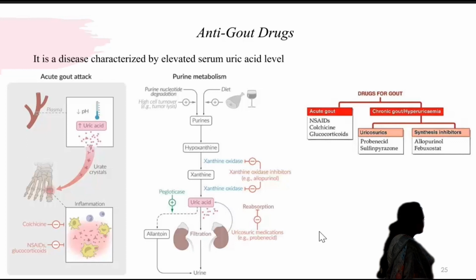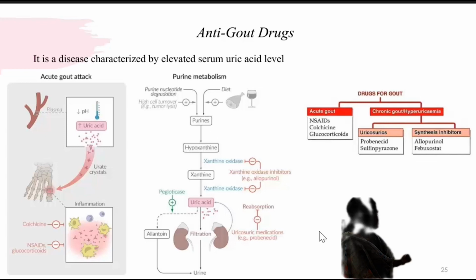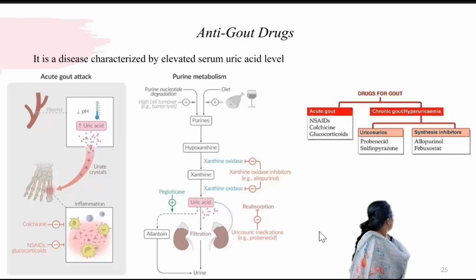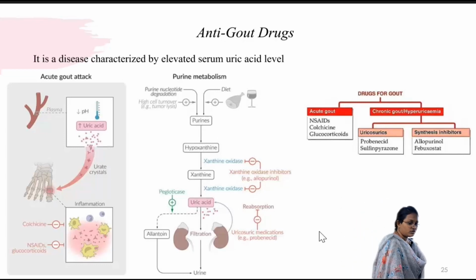Uric acid crystals get accumulated in your joints, forming gout. Here, those are the drugs used in gout, and they act on the xanthine oxidase by inhibiting it and inhibiting the formation of uric acid. And colchicine and NSAIDs act on the inflammation that is caused due to the elevated levels of uric acid.